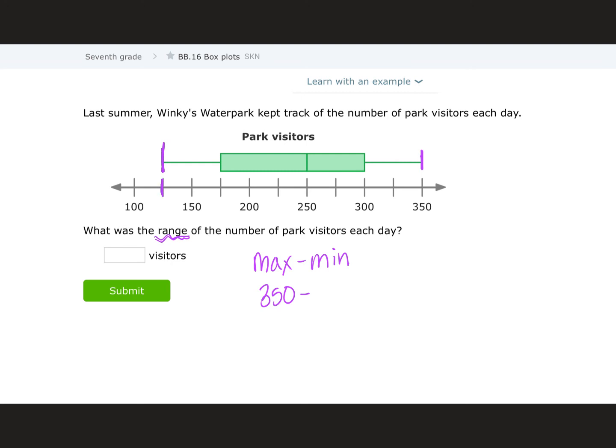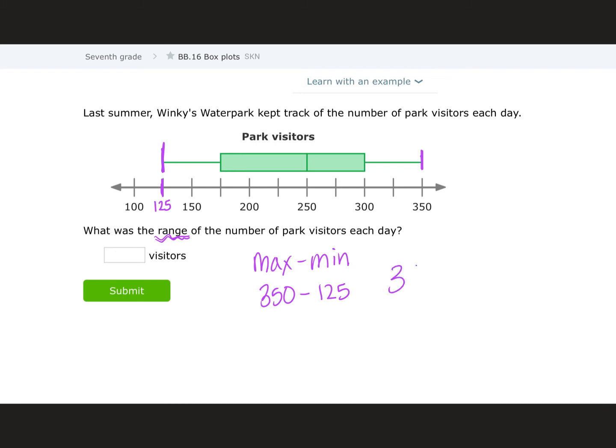What's a number in the middle of 100 and 150? 125. So we have the minimum at 125 and the maximum at 350.